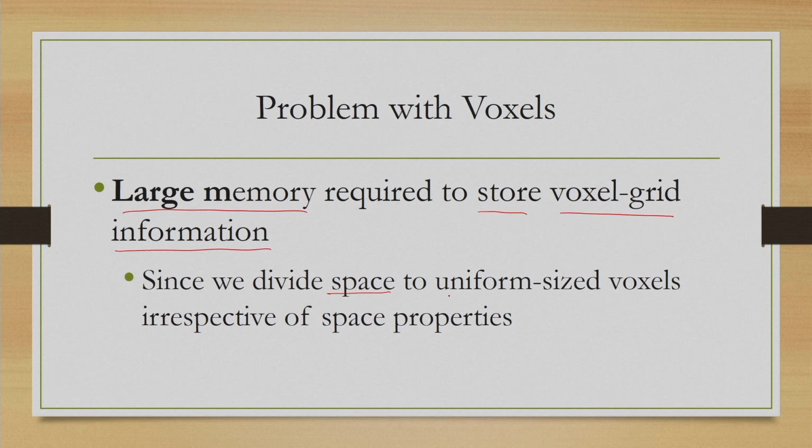The problem comes because we are dividing space into uniform sized voxels irrespective of the space properties. Like we have seen in the earlier example, the region R is a big region.